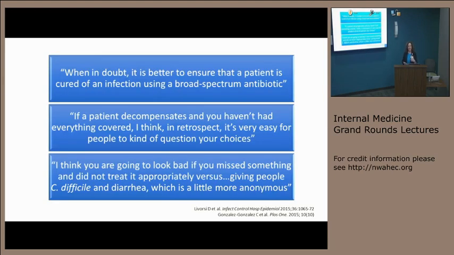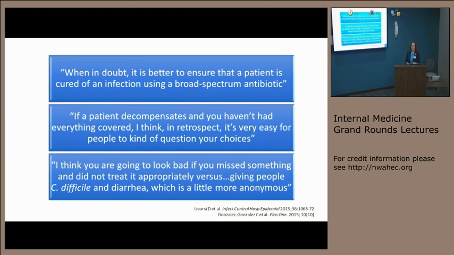It's thinking that is not necessarily true, but trying to prevent that adverse outcome in the future. And so data from qualitative research looking at fear and concern really indicates that we as physicians view antibiotics as the safe option. So when we're concerned about our patients, we are much more likely to overprescribe because we view that as a safe thing to do and don't think about the consequences that could occur.